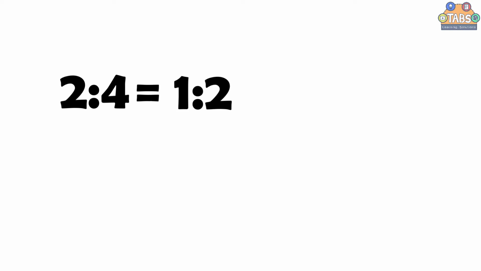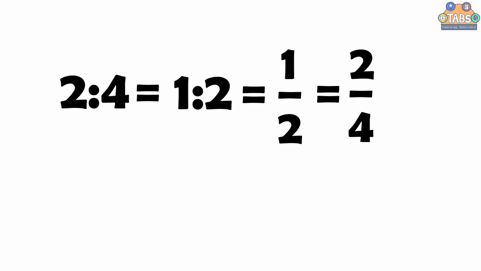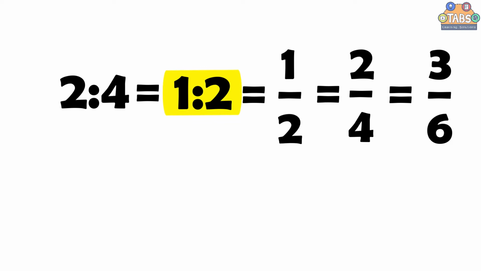Let us take this sample. 2:4 is equal to 1:2, which is also equal to 1/2 and 2/4 and 3/6. 1:2 can also be written in fraction as 1/2 to have an equivalent ratio.